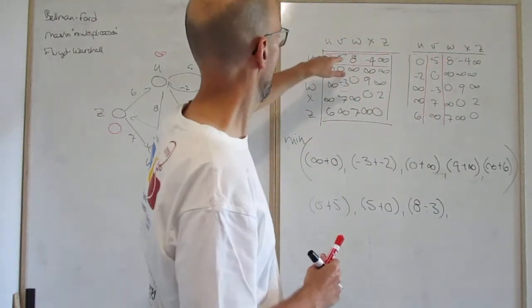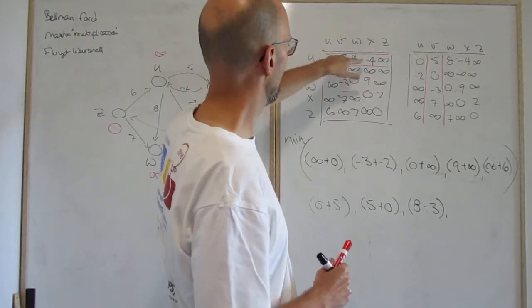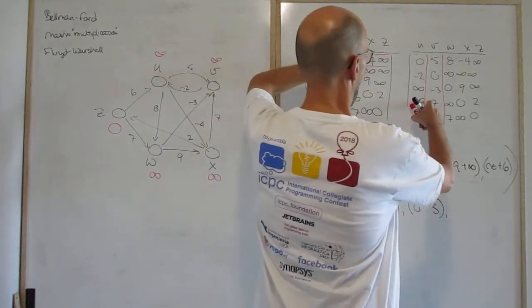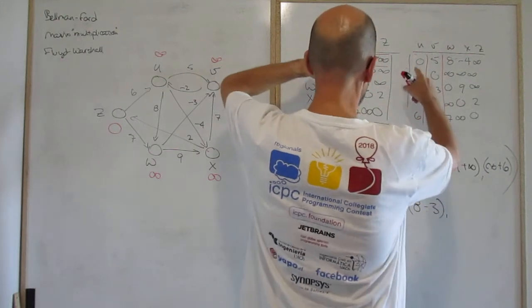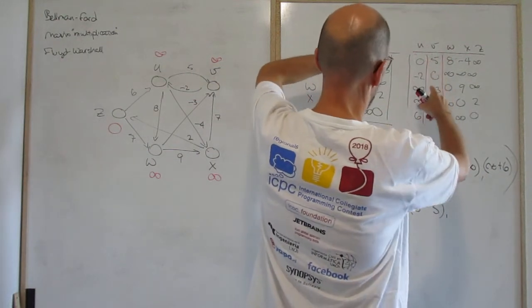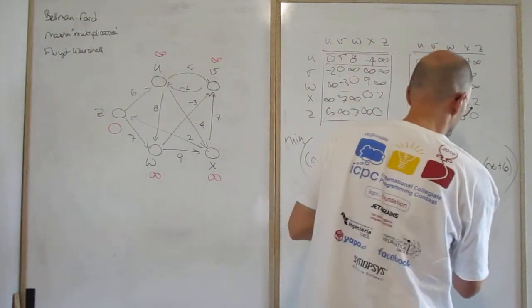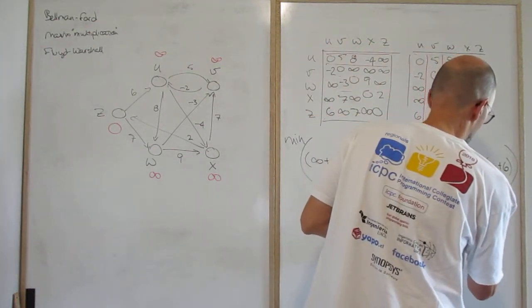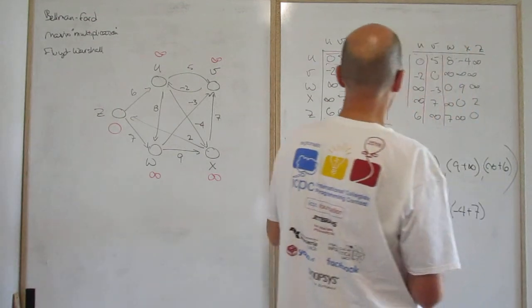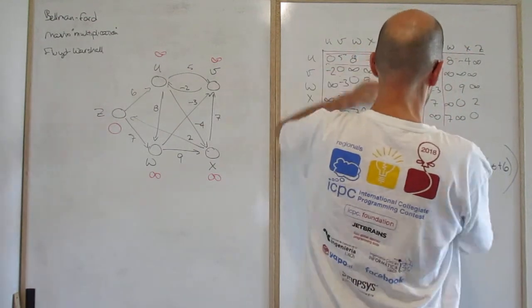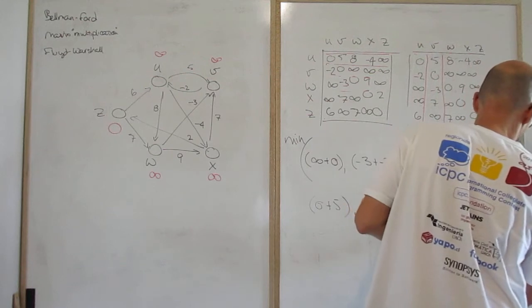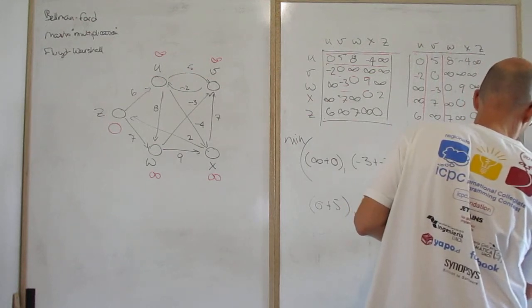Now U goes to X, and if we were multiplying these things, I would be doing minus 4 times 7, but now it's minus 4 plus 7. And then finally it's infinite and infinite. Infinite, not 8.